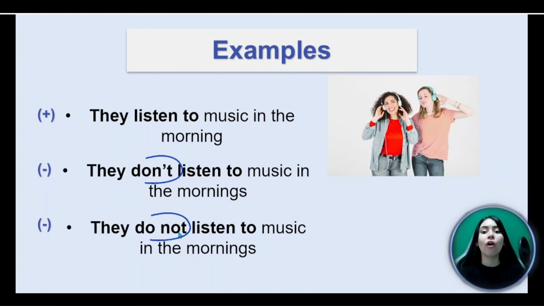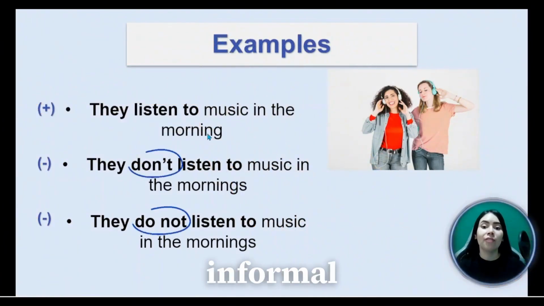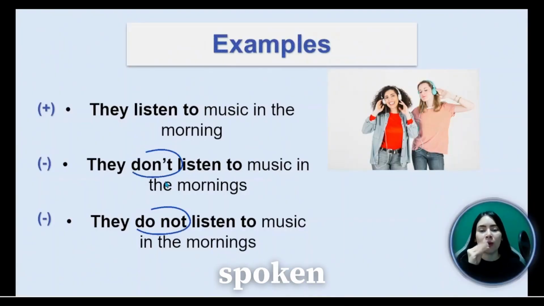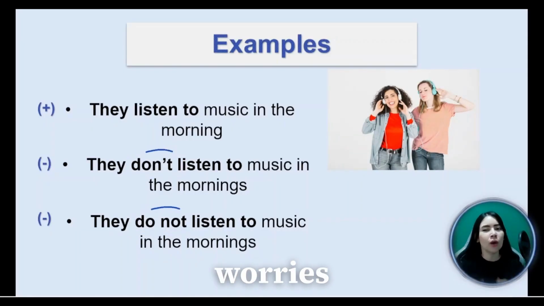This is the formal option, and this is the informal option, don't. The informal option is very common in spoken language. Both, any of them, do not or don't, are perfect. No worries about it.